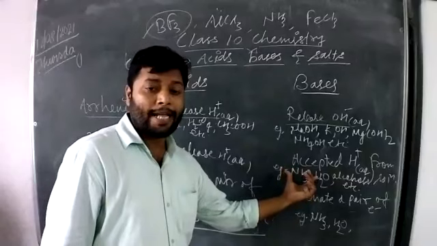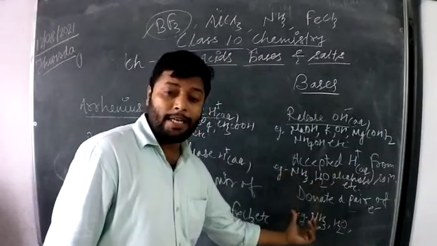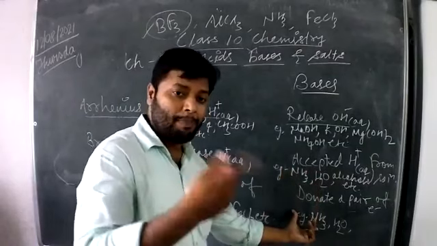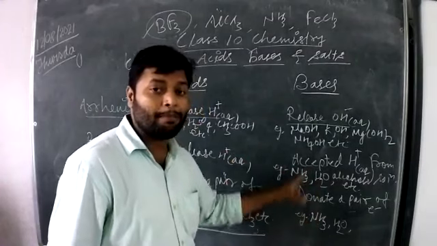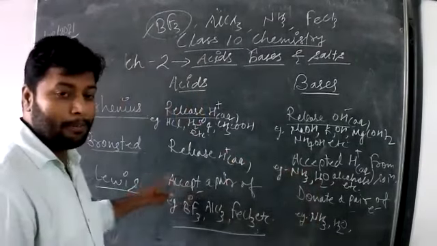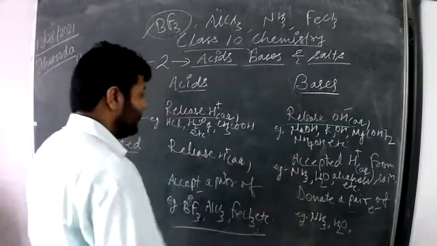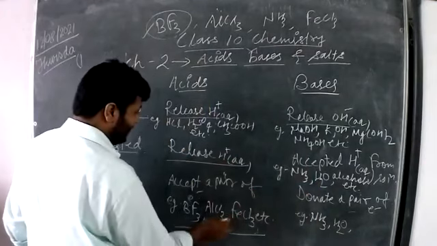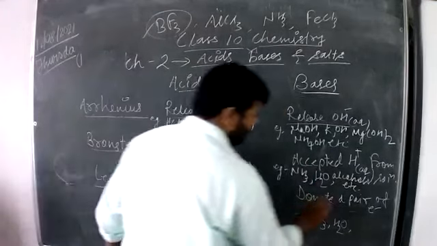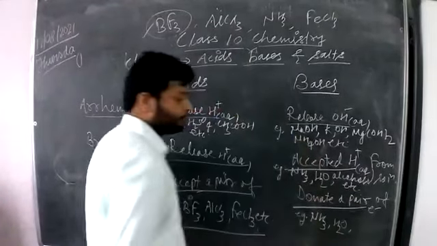Bronsted bases can accept H plus from the solution, and they can also donate a pair of electrons to any substance. So they can behave like both Lewis base and Bronsted base; the examples are similar. These are some common definitions we have to learn here.